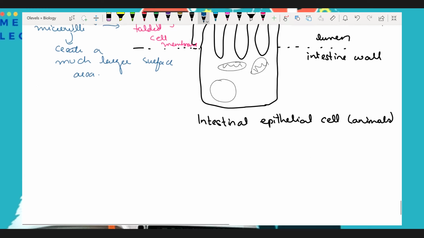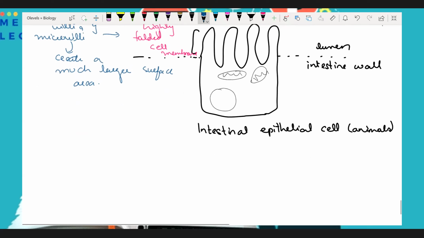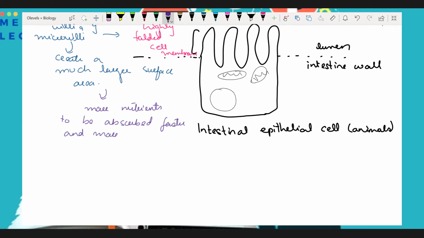And due to that much larger surface area, more nutrients can be absorbed faster and more efficiently in the blood.